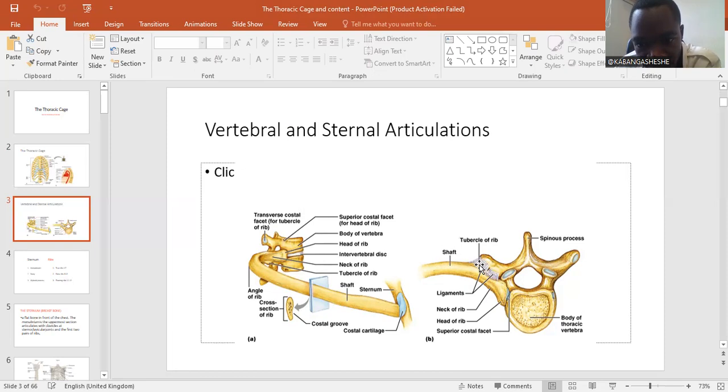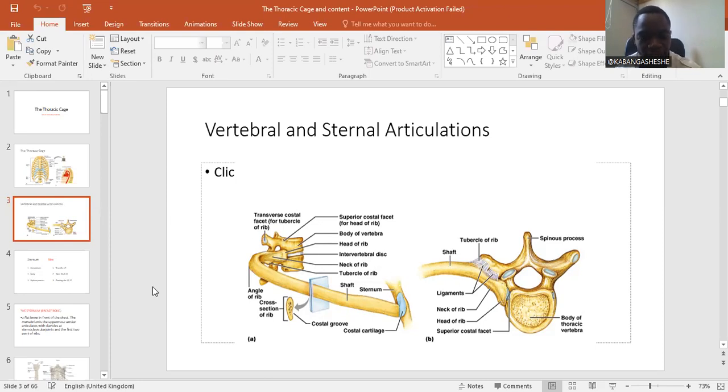So there's another joint between the tubercle of the rib and the transverse process of the vertebral bone. Then the actual joint is between the head of the rib and the vertebral bones. So those are 2 joints that we're expecting: one at the back, between the rib and the vertebral bones, and another anteriorly between the rib and the costal cartilage to the sternum.